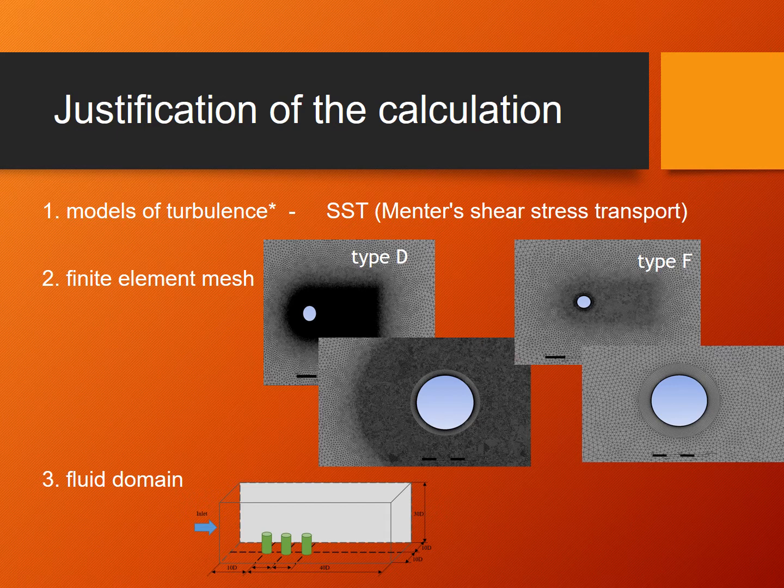A parametric form was used to build a finite element mesh as well as to set the dimensions of the fluid domain in the form of a parallelepiped. In such a case, the dimensions of the mesh elements will depend on the Reynolds number and on the diameter of the silo, while the dimensions of the computational domain will depend only on the diameter of the model.